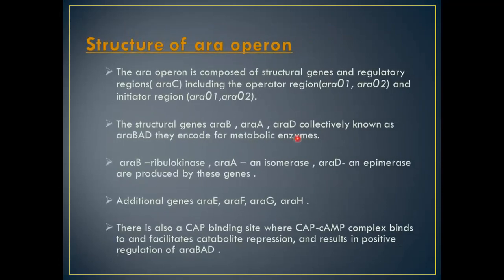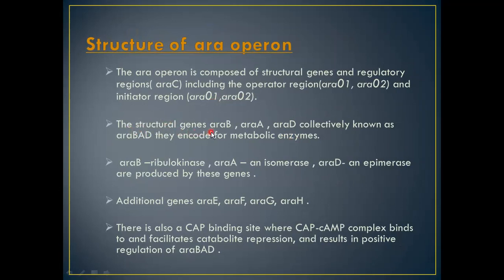The structure of the operon: the ara operon is composed of structural genes and regulatory regions, that is ara-C, including the operator region, that is ara-O1 and ara-O2, operator 1 and operator 2, and the initiator region, that is ara-I1 and I2.